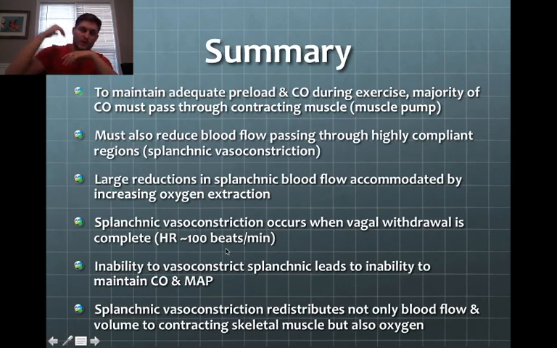And that's when we're going to see further increases in cardiac output and then that increase in vasoconstriction, global vasoconstriction. The inability to vasoconstrict the splanchnic circulation leads to an inability to maintain cardiac output and potentially mean arterial pressure.